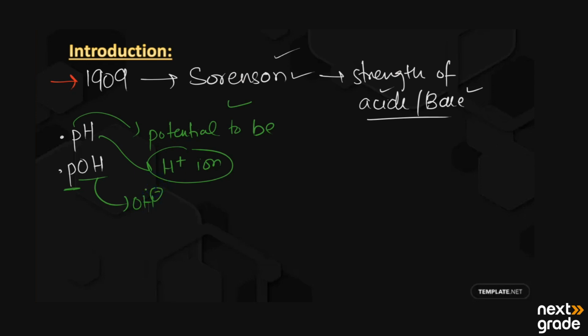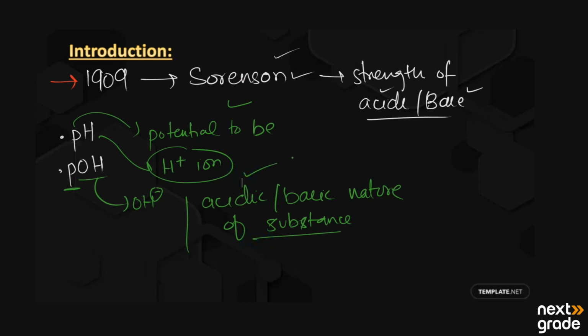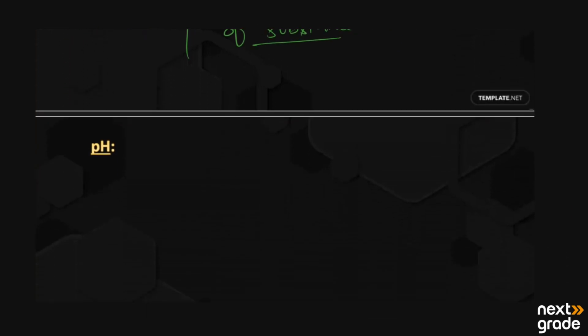With the pH scale, we can find the acidic as well as the basic nature of substances. The acidity or basicity of an aqueous solution depends upon the relative numbers of hydrogen and hydroxide ions. So let's discuss the pH and pOH scales separately.